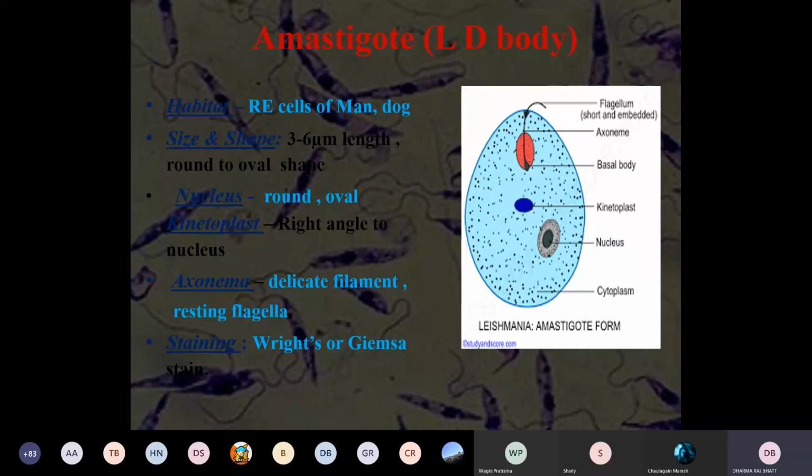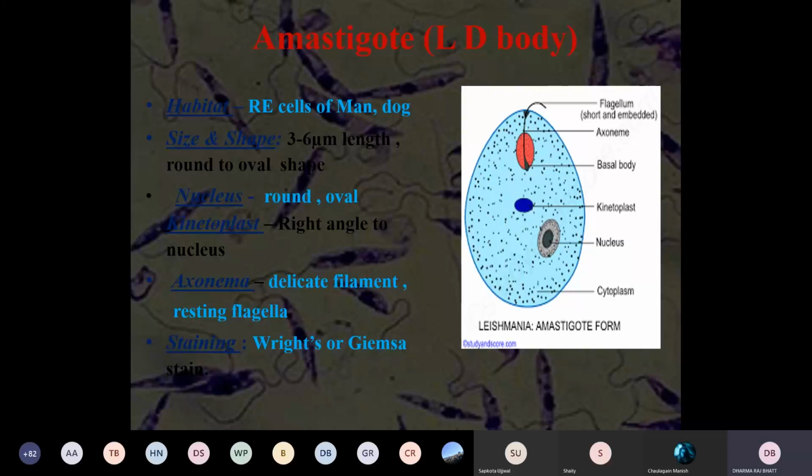Leishman Donovan. Leishman Donovan body, right? Again from the names of the discoverers. So this will be important when we discuss laboratory diagnosis of leishmaniasis.